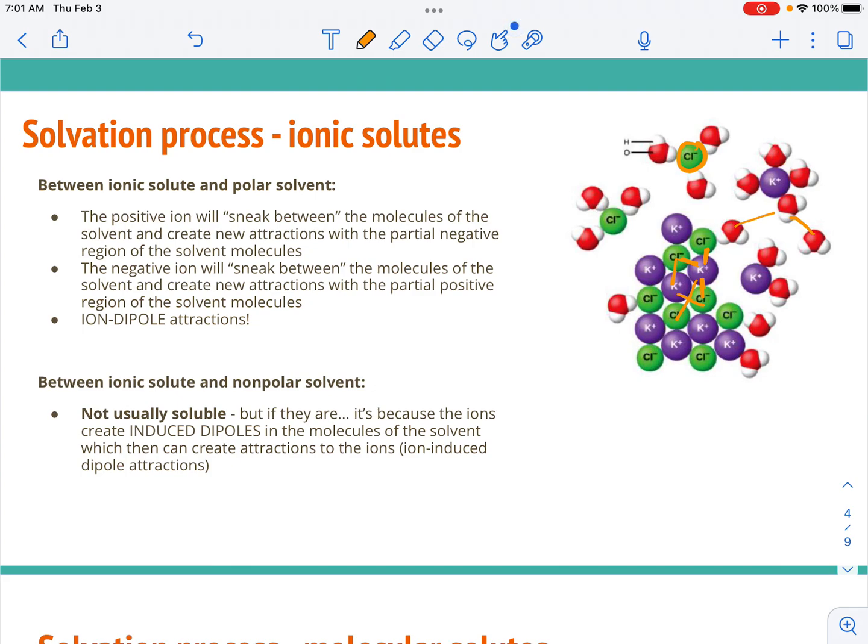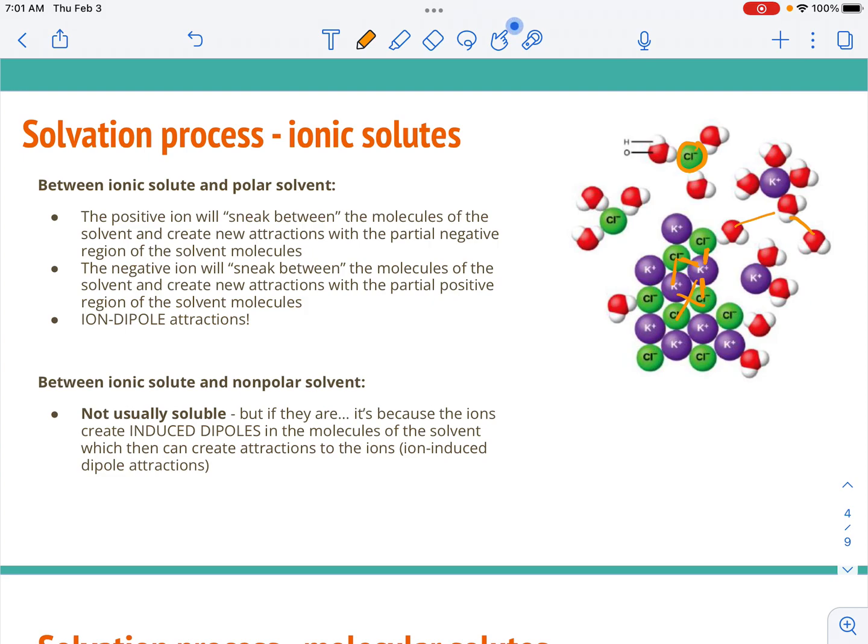The other thing I want to think about is that ionic solutes and nonpolar solvents are not usually successful, because the nonpolar solvent doesn't have the positive and negative ends to allow it to sneak in between. Every once in a while we'll find an ionic solute that is soluble in a nonpolar solvent, and this would be because the ions can create induced dipoles.